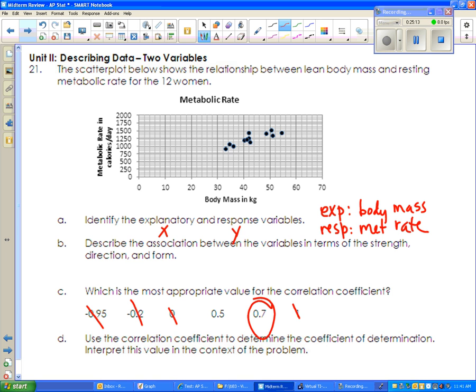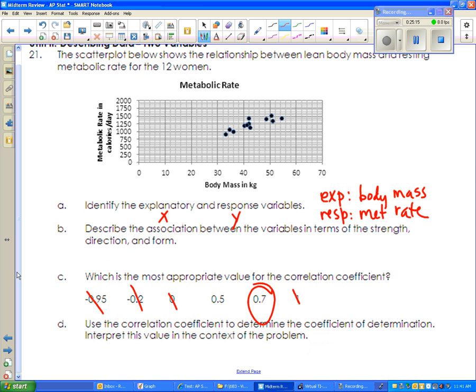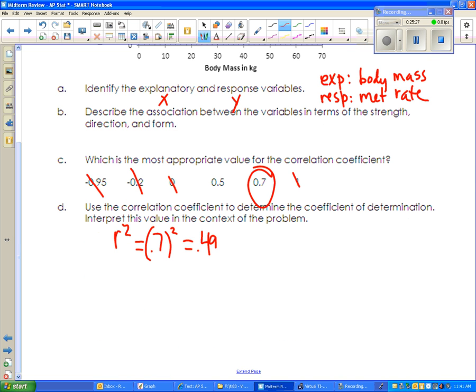And then in the last question, it says to use the correlation coefficient to determine the coefficient of determination. Remember, that's r squared. So if you know that r is 0.7, then r squared is going to be 0.49. And so then you're asked to interpret what that value means with respect to the problem. It's important that you understand this.